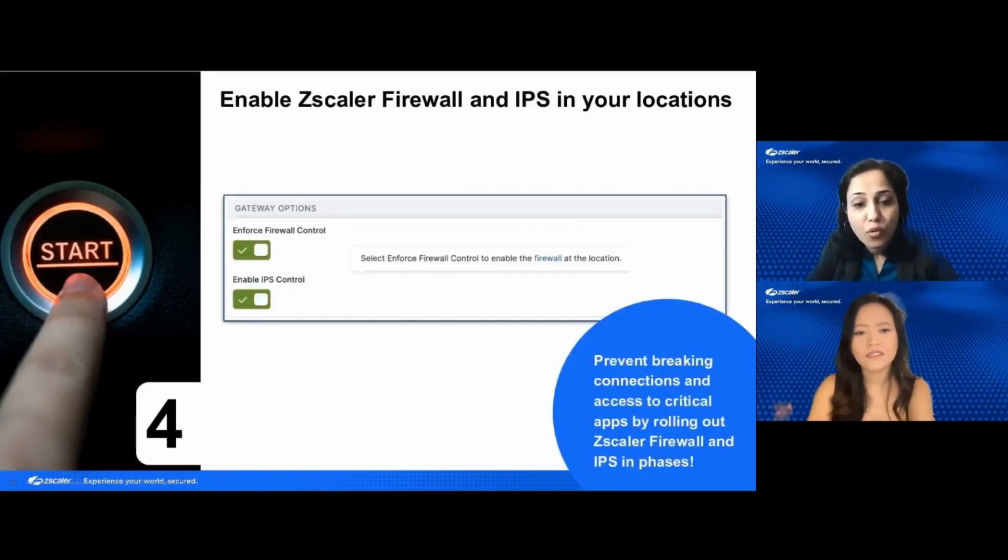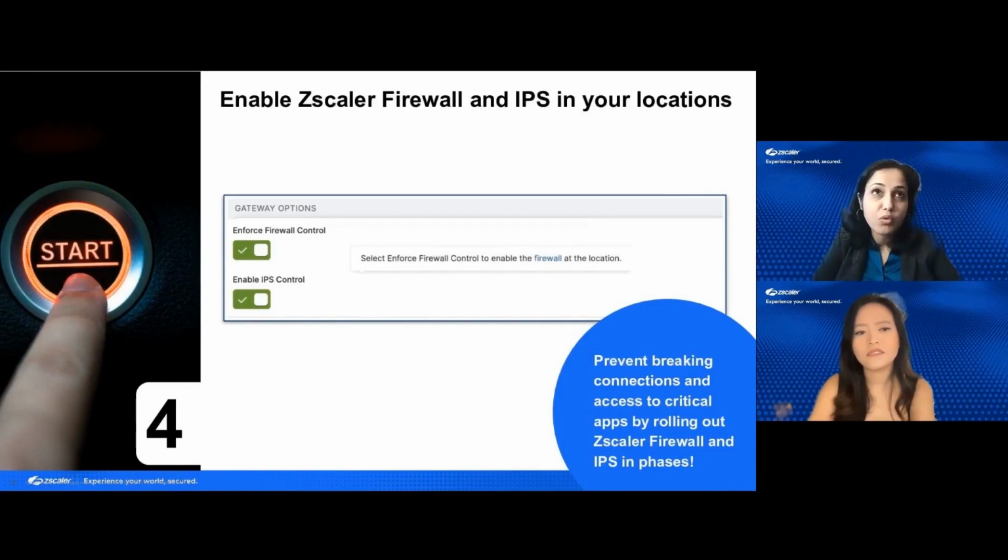And then step 4, the final step, is the time for action, where you're actually flipping the switch and turning on the firewall, firewall IPS, on a location by location basis. So that would prevent any connections and access to critical apps by rolling out Zscaler Firewall in phases.